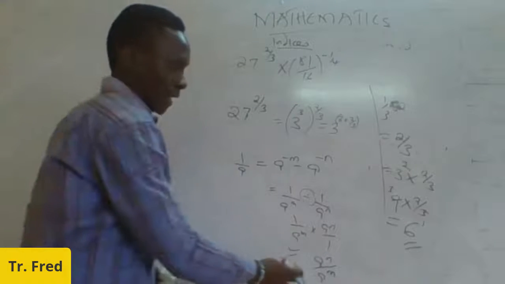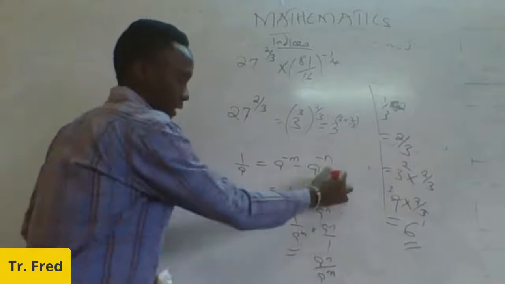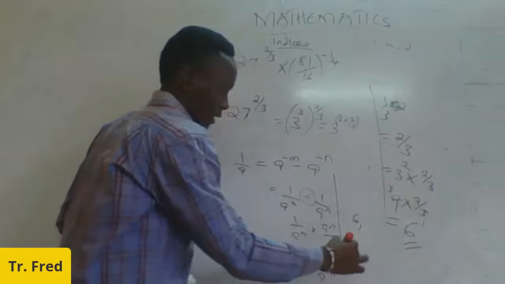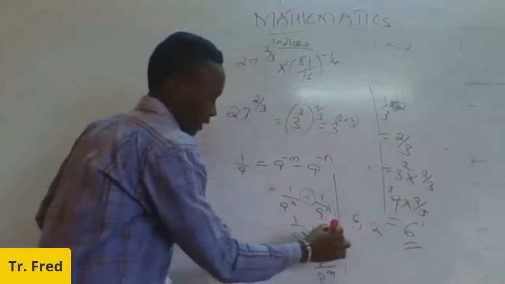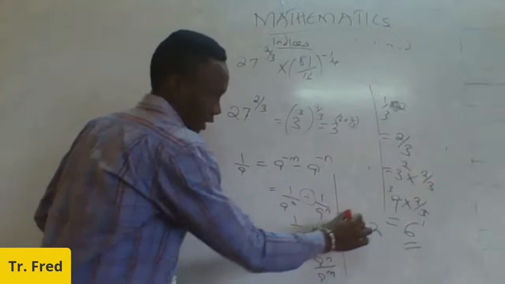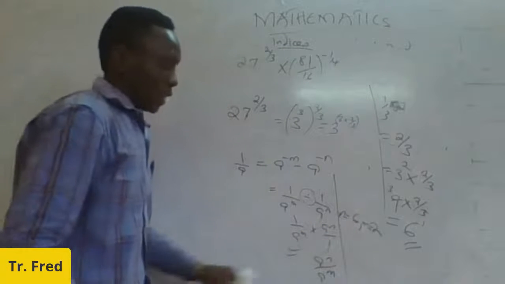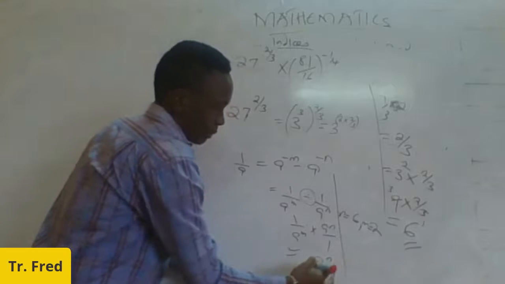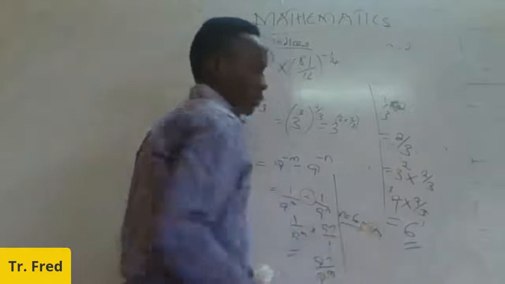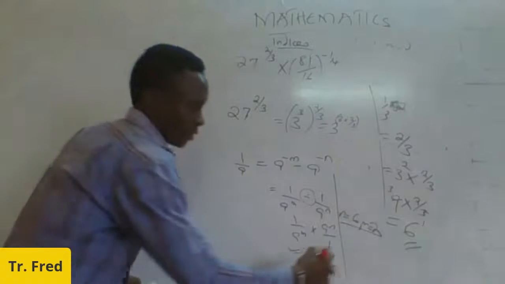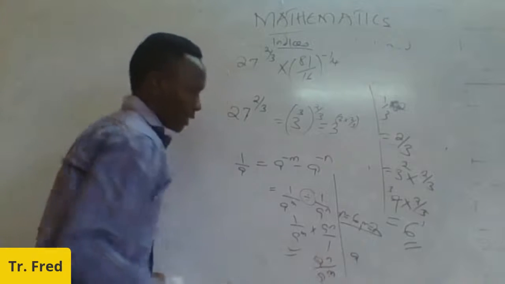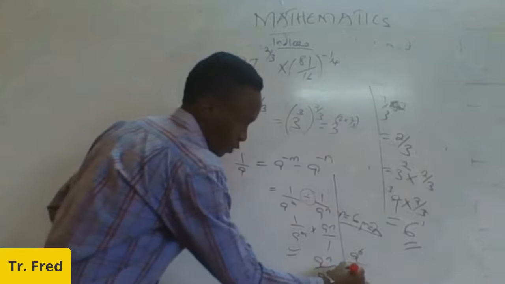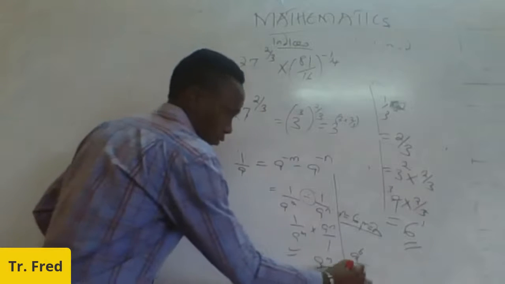Now assuming m and n were numbers, let's say 6 and 2 respectively, such that n equals 6 and m equals 2. Therefore, the final answer will be given in terms of m and n, whereby we have replaced them with real numbers. So this will be a power n, and n is 6, divided by a power m, and m is 2, so a power 2.